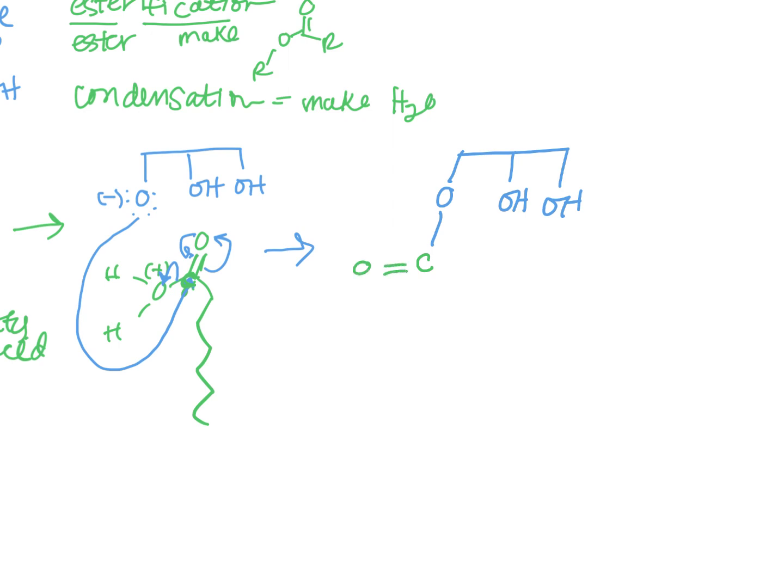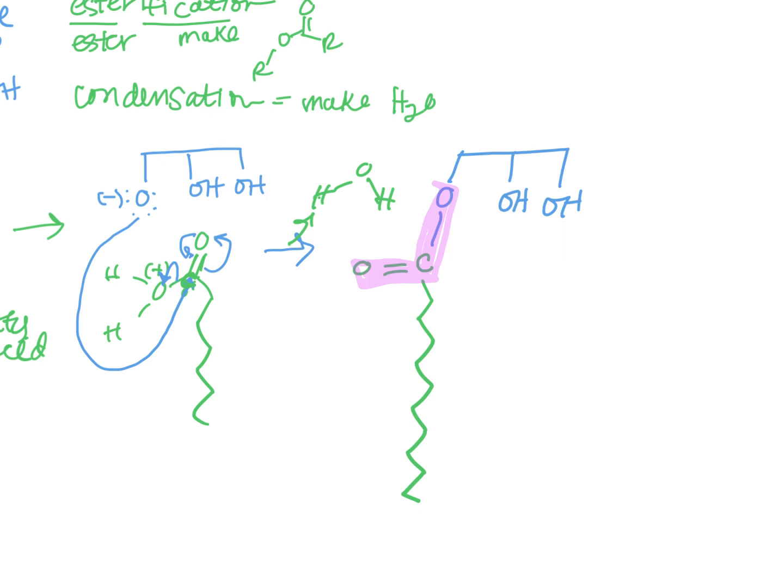This oxygen, this carbonyl, is still from the fatty acid, and then the tail is still there, and what came off is water. So we did one condensation reaction, which in this case did an esterification to make an ester bond. That's this bond right here. And now we've attached one of our fatty acids that had a negative charge onto the glycerol backbone.